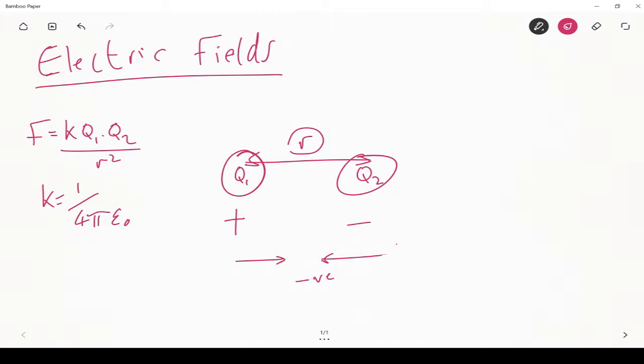Now, when we look at electric fields, they are defined as the force exerted on a tiny positive charge by another charge. So if I draw here a charge Q1, and I've got another charge here Q2, and they're separated by a distance, let's be really imaginative and call it r, then the distance between them will obviously affect the force.